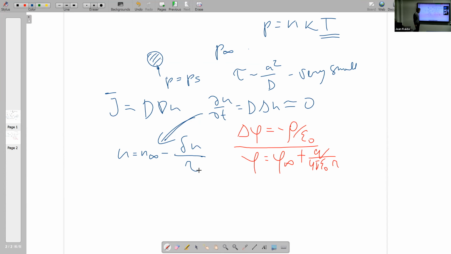But that is not so much what we are looking for. We are looking for how fast the droplet grows. So basically, we need to calculate the integral of J, the flux, dA.